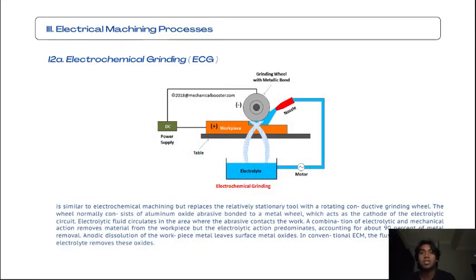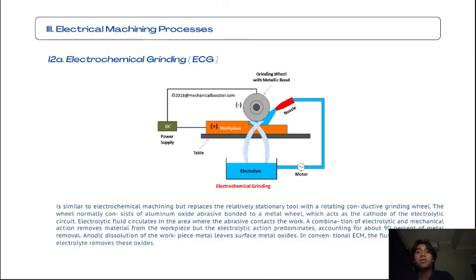Now we're going to the first subtopic from electrochemical machining, electrochemical grinding or ECG, which is similar to electrochemical machining but replaces the relatively stationary tool with a rotating conductive grinding wheel. So this wheel normally consists of an aluminum oxide abrasive bonded to a metal wheel, which acts as the cathode of the electrolytic circuit.